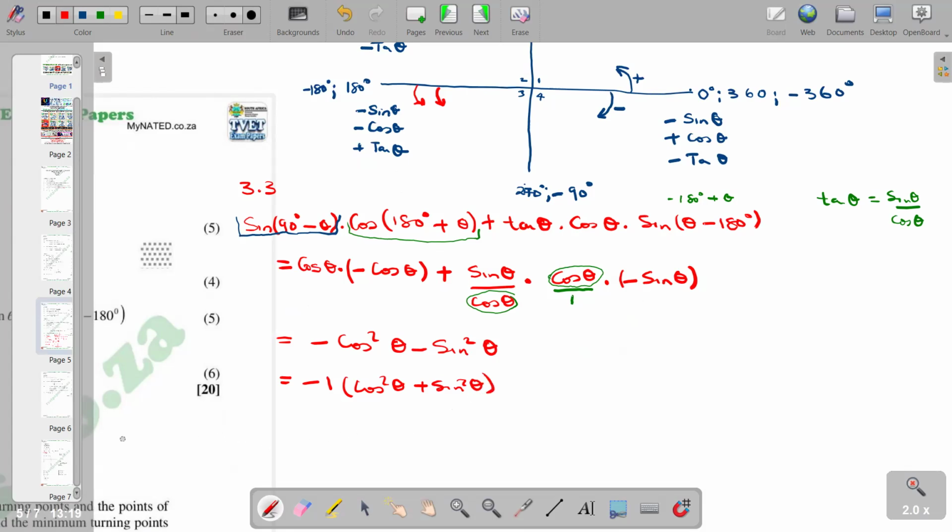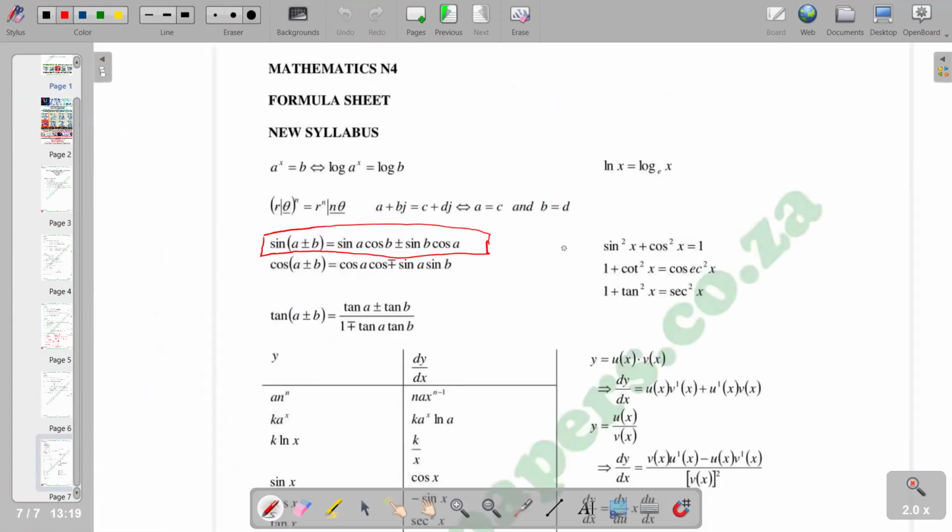If we go to our formula sheet, we have a formula there which has cos squared theta plus sine squared theta. Here is the formula. It's saying sine squared theta plus cos squared theta is equal to 1.